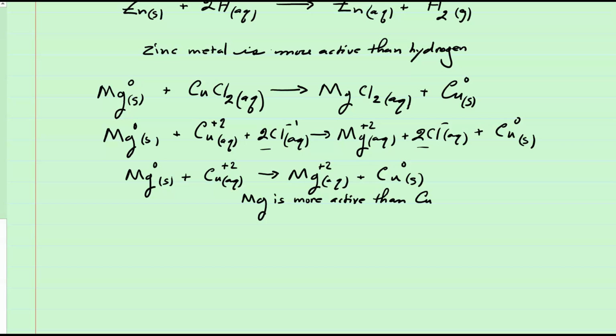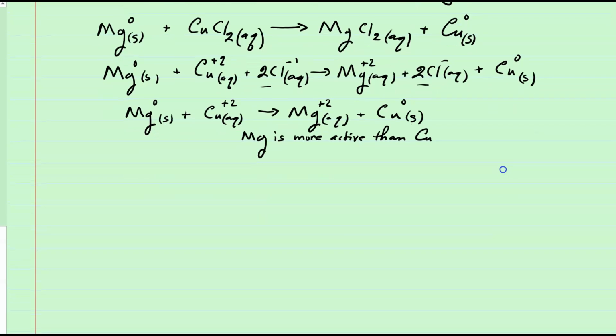In all of these single replacement reactions, there's one more consideration to talk about, and that is the electrons that are moving here. In all single replacement reactions, there are electrons that are given up by one material and picked up by another material.